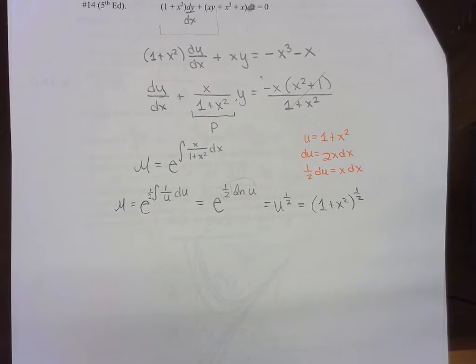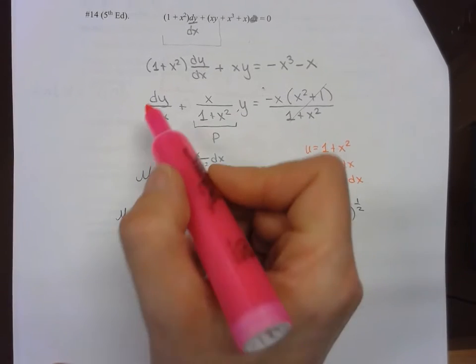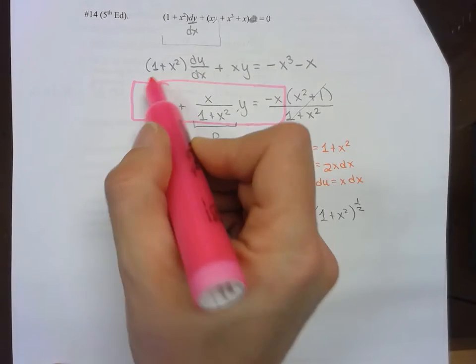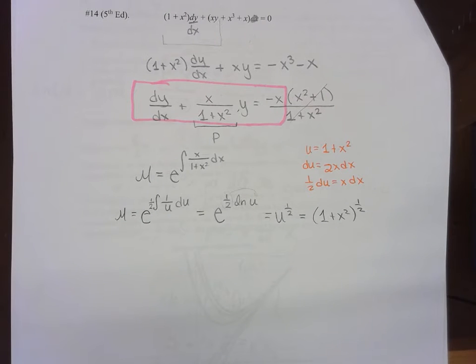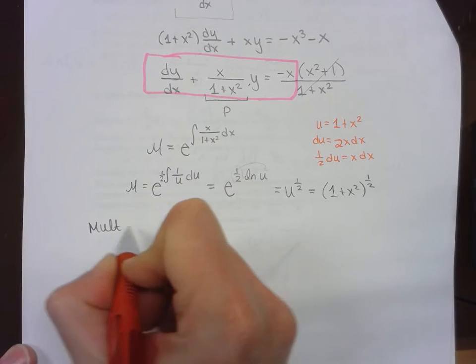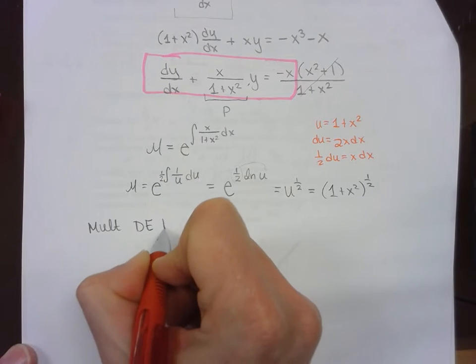And then this was our DE in standard form. I'm just going to stop it at the negative x because those other terms cancel out. And I have to multiply through by mu.